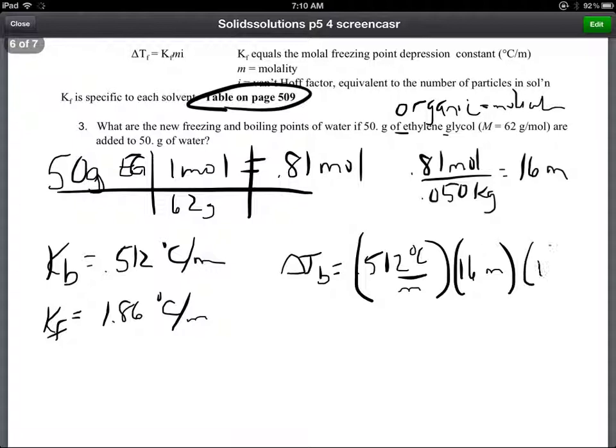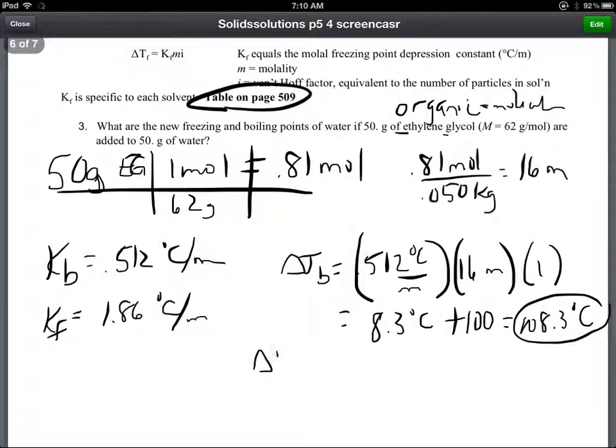So that's a Van Hoff factor of 1. If it were sodium chloride, you'd have 2 ions, your Van Hoff factor would be 2. So this gives you 8.3 degrees Celsius. And it's boiling point elevation, so normal boiling point of water is 100. So your new boiling point would be 108.3 degrees Celsius.